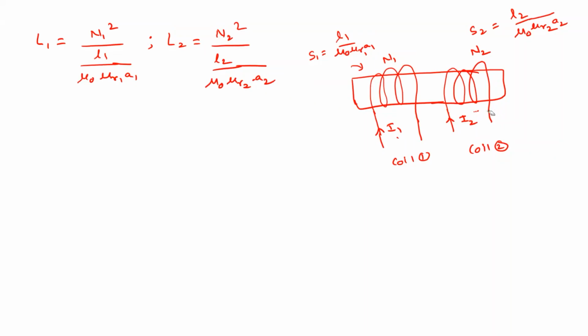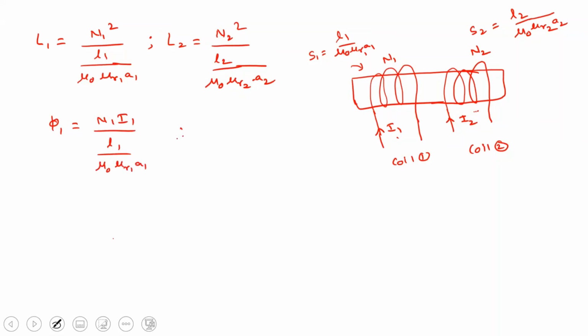So let us assume this is phi1. How will you define phi1? The flux phi1 produced by coil 1 due to its own current I1 is N1 I1 divided by L1 upon mu naught mu R1 A1.